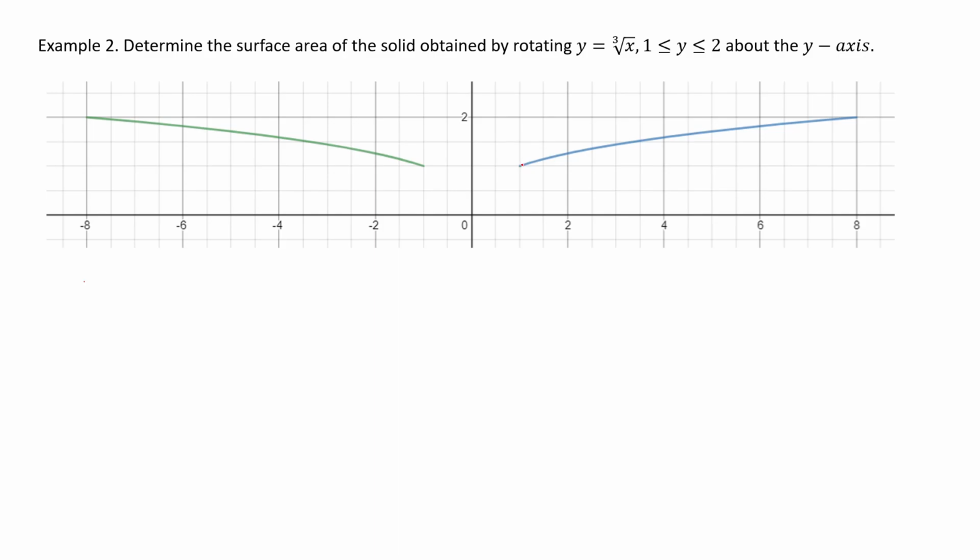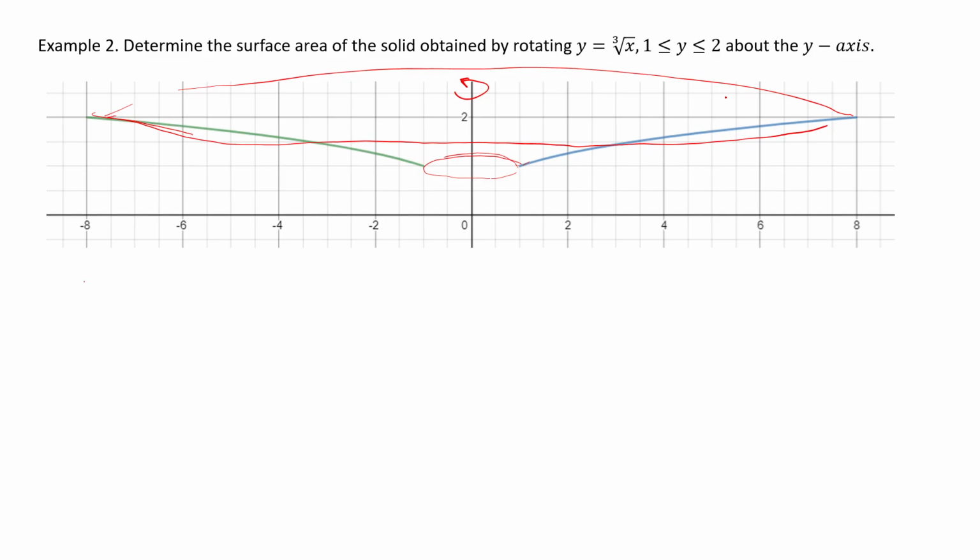So if this is the line here, and we rotate about the y-axis, the surface area generated is more likely a funnel. So surface area is equal to 2 pi.